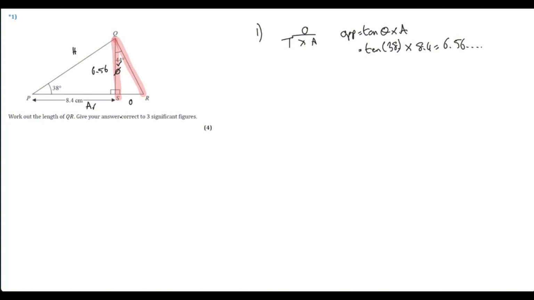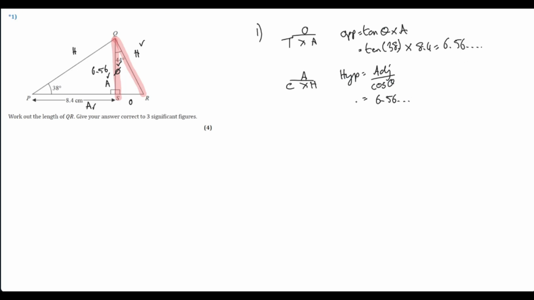So now that I know this is 6.56, I can go again with this right-hand side triangle, and this side would be the opposite this time. This would be hypotenuse, and this would be adjacent. And we want to work out QR, remember, which is H, given that we've got A this time. So this time we're going to be using the CAH. So hyp equals adj divided by cos theta. In this case, it's going to be 6.56.